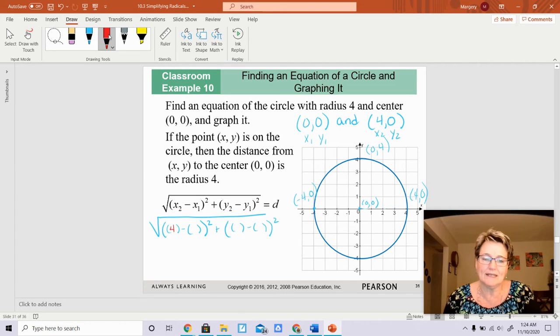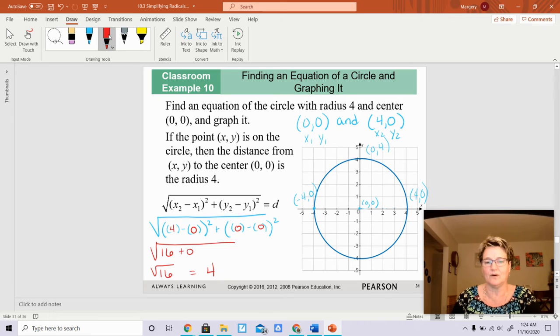My x1 is 0. My y2 is 0. My y1 is 0. So you're left with 4 minus 0 is 4. 4 squared is 16. And then 0 minus 0 is 0. 0 squared is 0. So you end up with the square root of 16, which is 4. So the distance is 4, right?